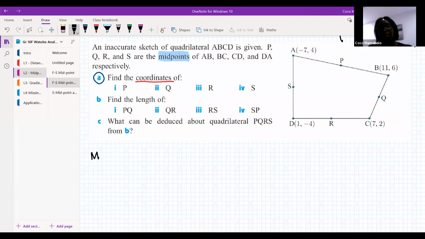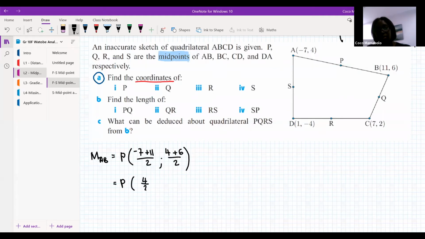Okay, P is the midpoint of A and B. Excellent. You guys are moving really fast, and that's good in maths.